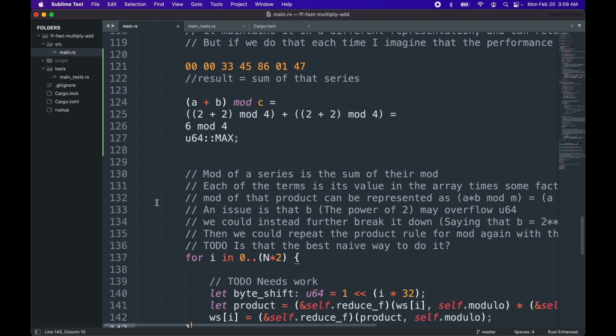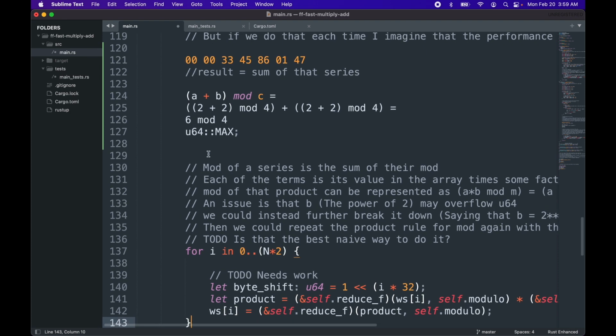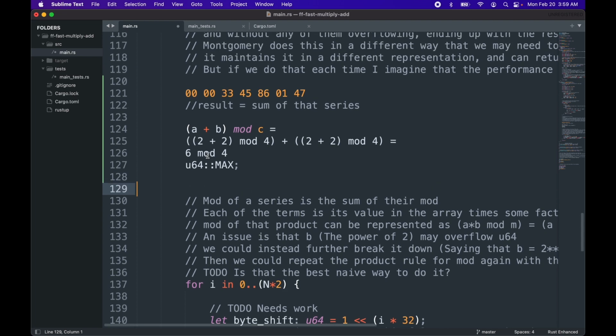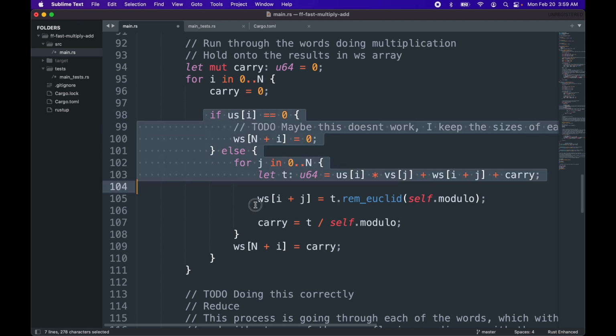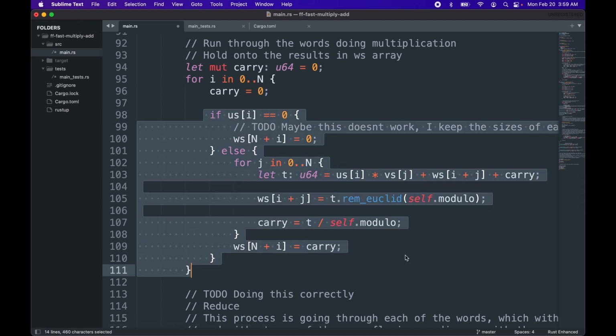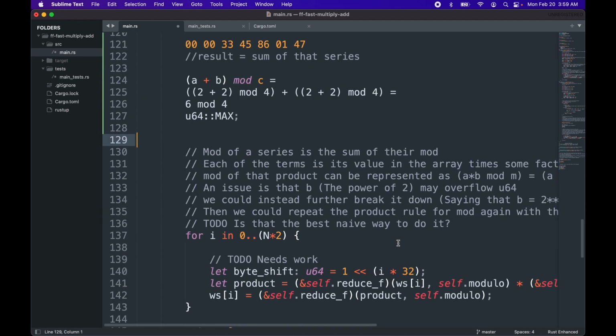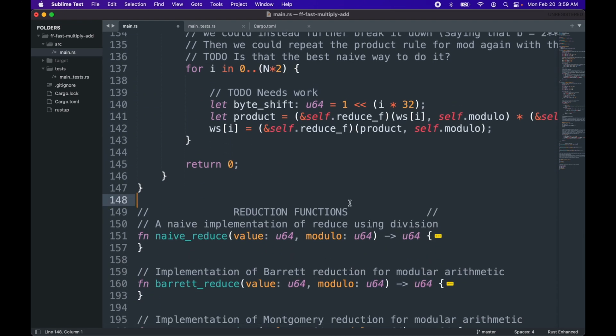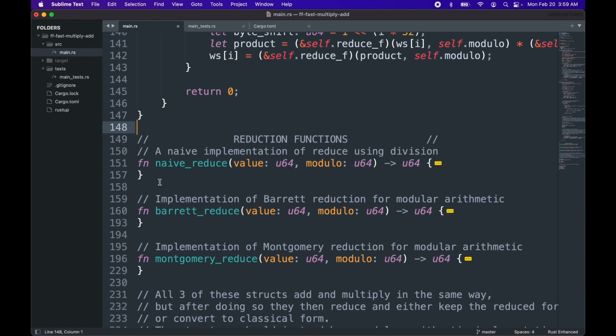But once this is figured out such that it doesn't run into any cases of overflow, multiply works ostensibly. And I believe from reading that Montgomery does something different here, because you can also, within this loop, be doing reductions. So let's jump into some of the reductions.